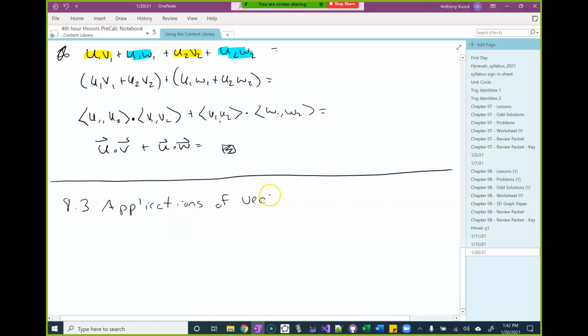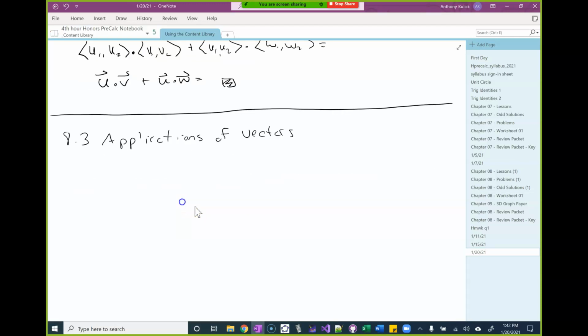So in section 8.3, we're going to be talking about applications of vectors. One application we've already kind of looked at in a previous chapter, and that was doing some of these navigational story problems. So we'll do another one of those just for an example.